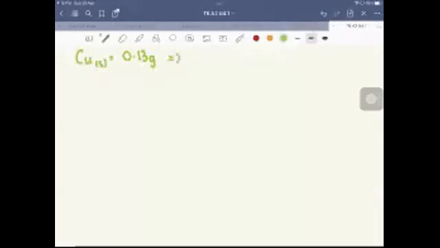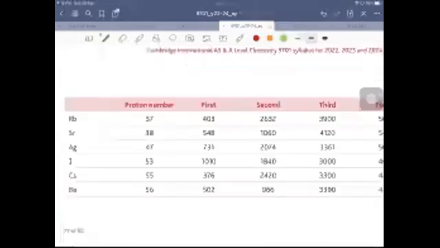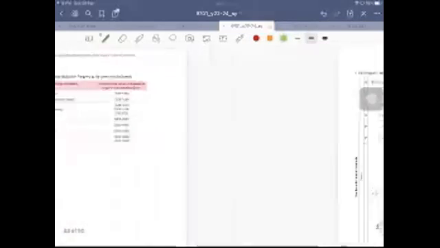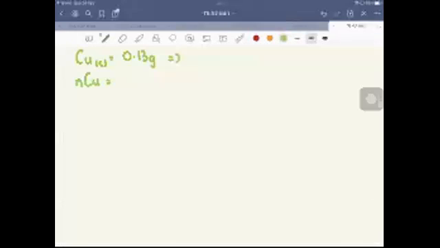I need to convert this to number of moles first, which is mass over the Ar of copper, 63.5.